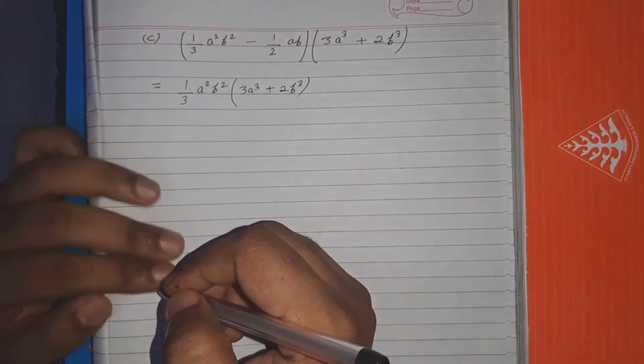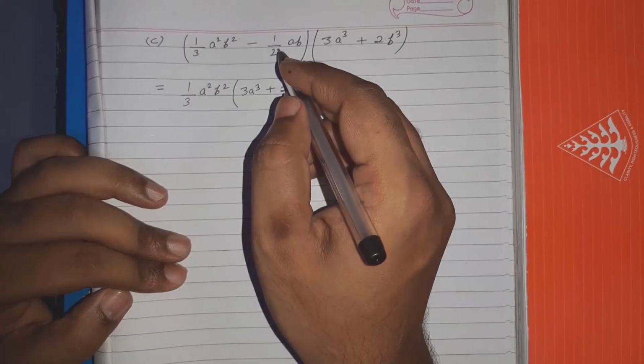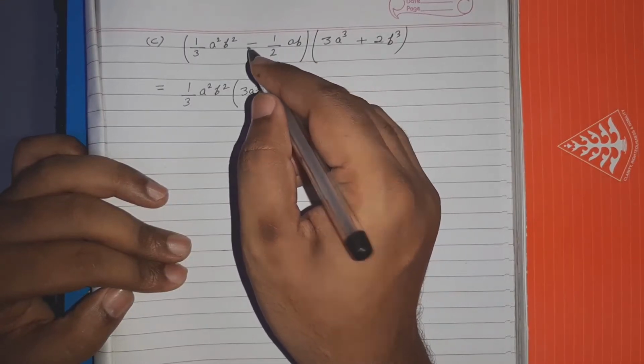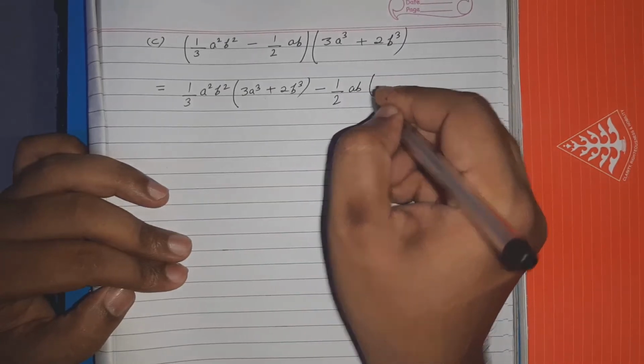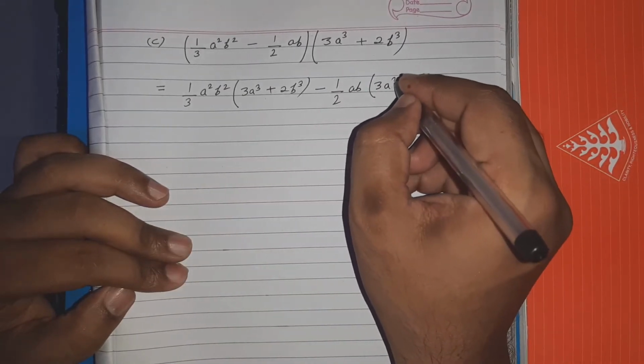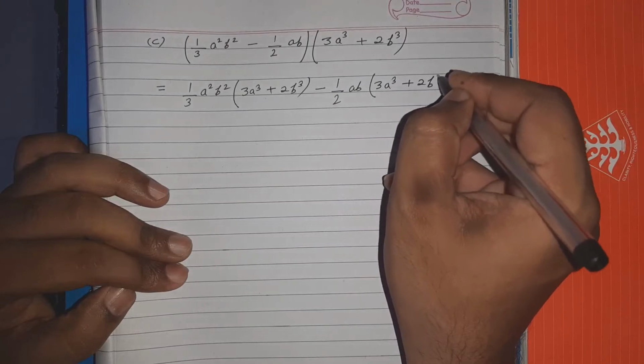Now we'll take second term of first bracket with sign, so it will be minus 1 by 2 ab multiply by the second bracket 3a cube plus 2b cube.